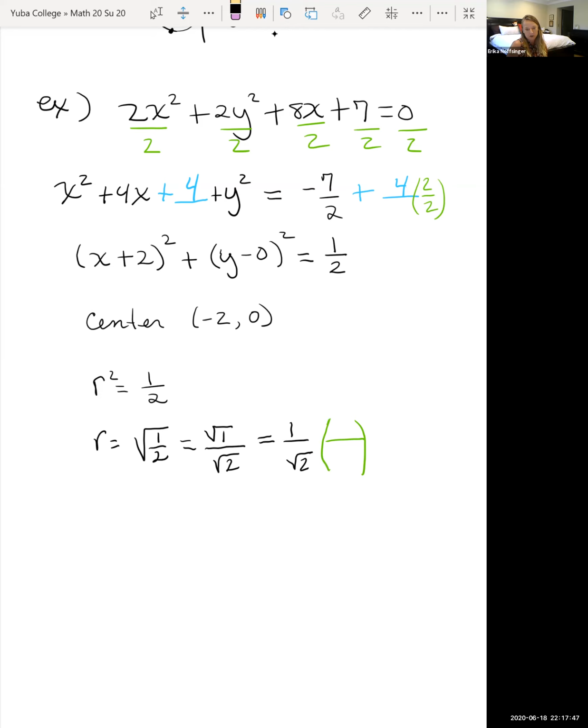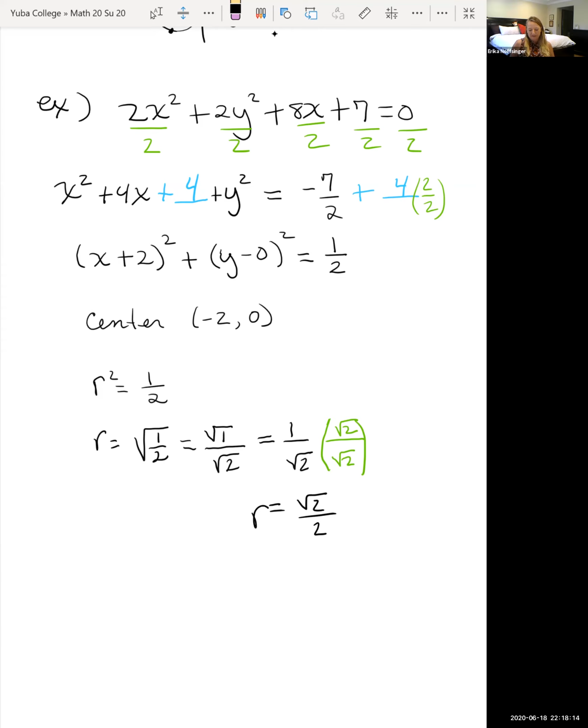I know square root of 4 would get rid of that, that's just 2. So I can multiply both the numerator and denominator by square root of 2. So this gives us root 2 over square root of 2 times square root of 2, which is 2.